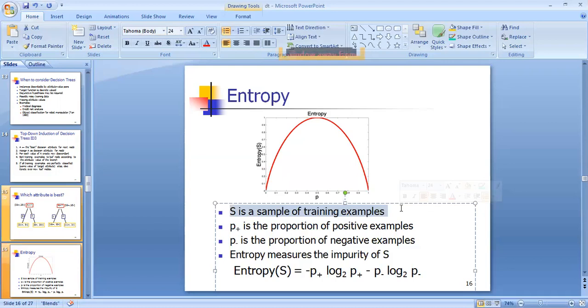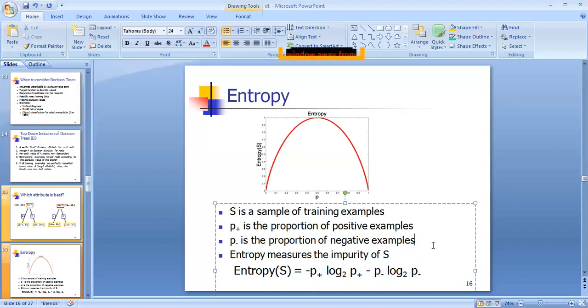In training examples, some of the outputs will be yes, some will be no. All the yes outputs we call positive examples, P plus. Similarly, outputs that are no we consider negative examples. If it is P plus and P minus, the entropy is calculated as minus P plus log base 2 of P plus, minus P minus log base 2 of P minus. That is the entropy formula.